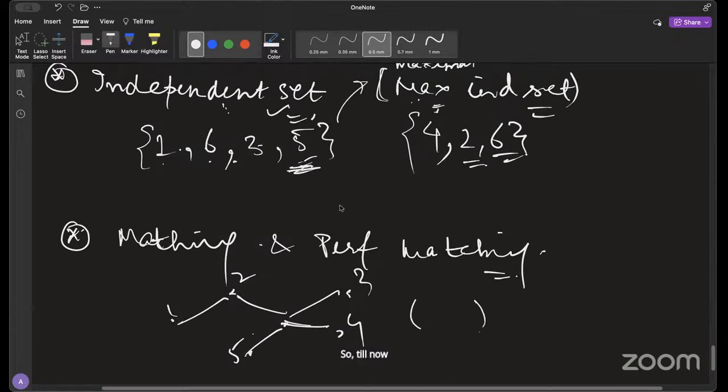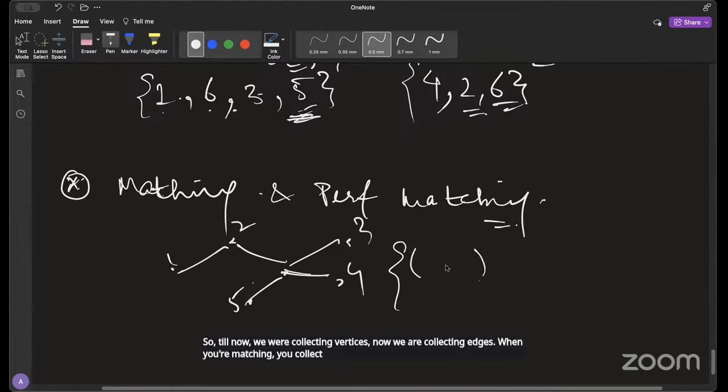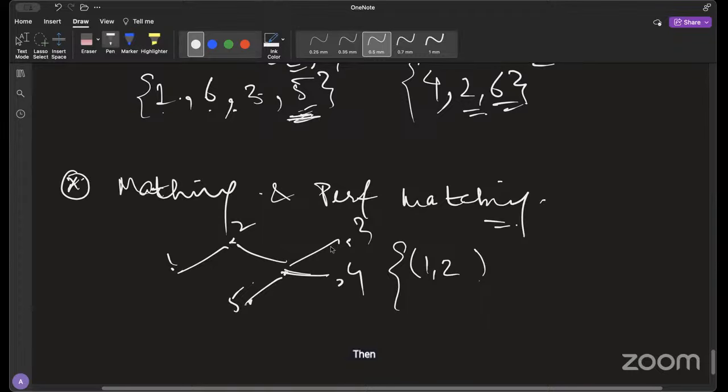Till now we were collecting vertices, now we are collecting edges. So in a matching, you collect edges. What sort of edges? Let's just say we collect 1, 2. Then we can't choose any other edge with vertex 1 or 2 included. We can't choose 2 and 6, but we can choose 6 and 3. Then when 6 and 3 are already included, we can't choose 6 and 4. We can't choose 6 and 5, so that's it. This is a matching.